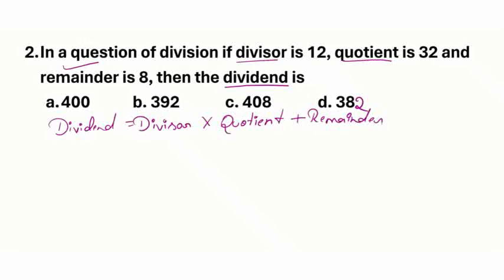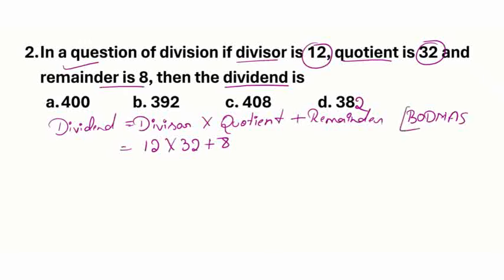So to find the dividend, let's apply the formula. So which one is the divisor? The divisor is 12, means 12 into quotient 32, 12 into 32 plus the remainder 8. Whatever the questions in mathematics, always we are going to solve them using the method called BODMAS.